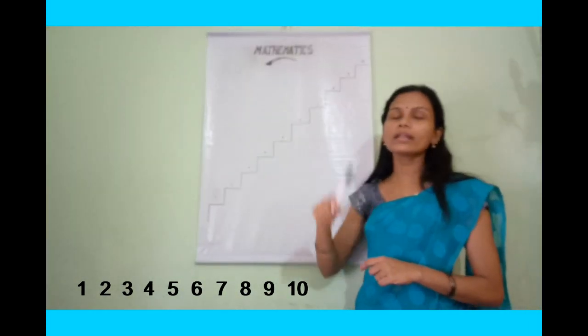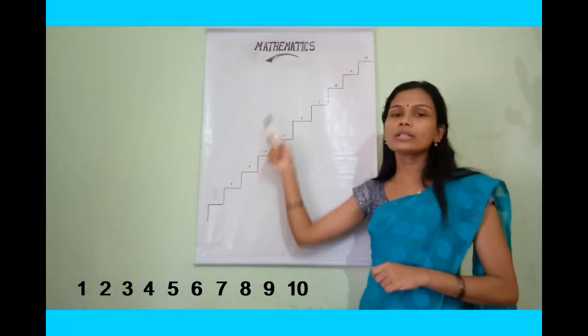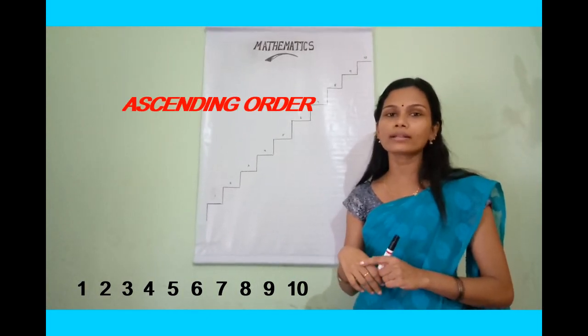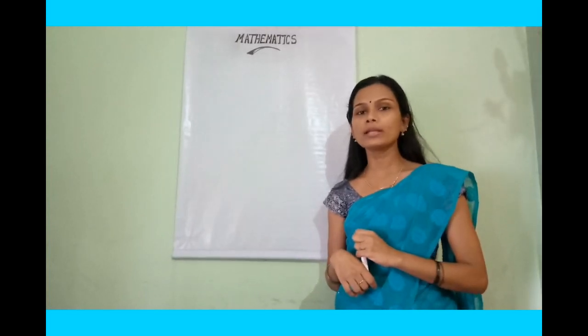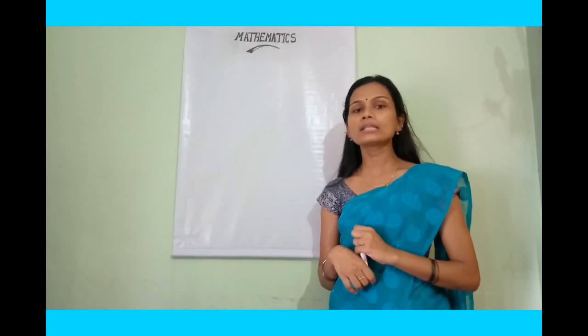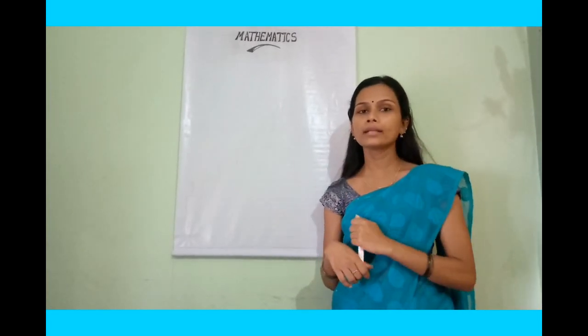This order of numbering from smaller number to the greatest number is called ascending order. Now let us try some examples for ascending order. Ascending order means arrange the numbers from small to big.